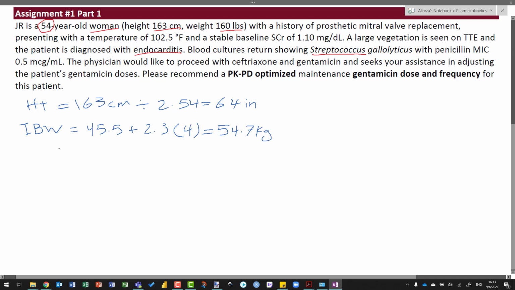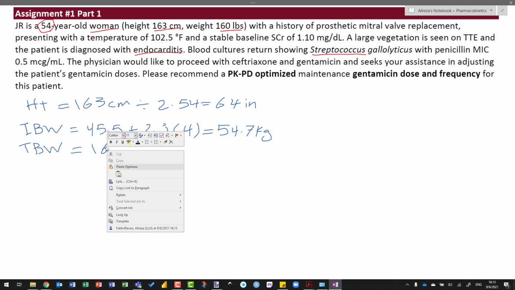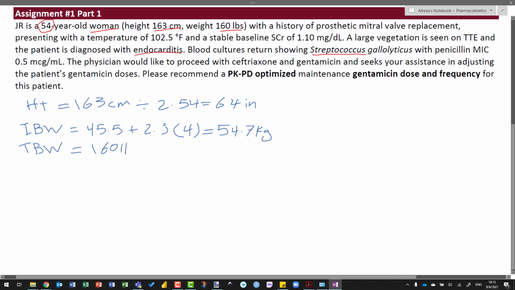Now remember the total body weight was given, so total body weight is actually 160 pounds, which we can convert to kilograms. So if you just divide by 2.2, which gives you 72.7. Now the total body weight is more than ideal body weight.